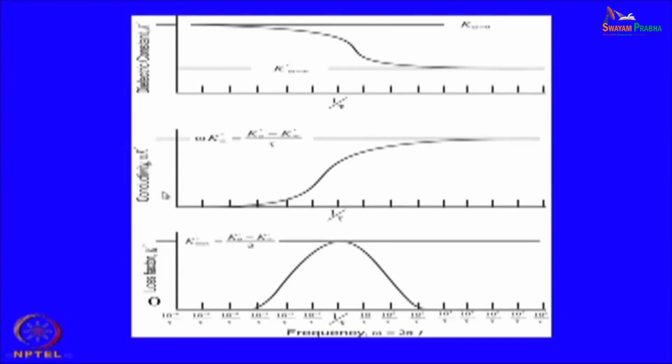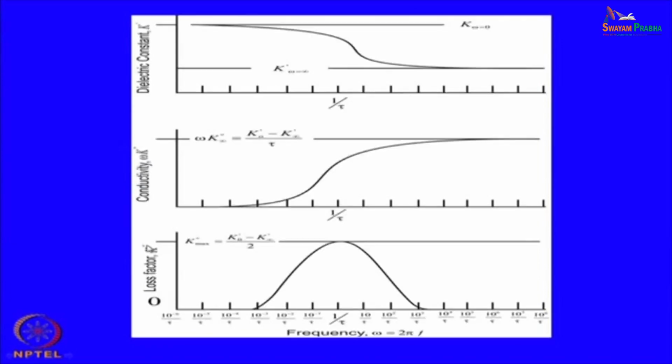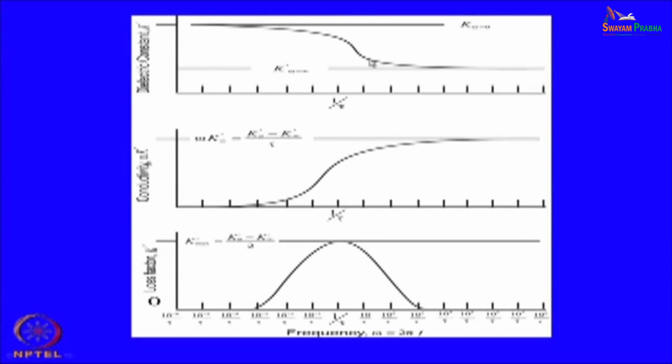This is conductivity, or omega times epsilon double prime, and this is the loss factor or loss tangent. The loss factor is actually k double prime, or k epsilon prime into tan delta. So this is a loss curve, this is a conductivity curve, and this is the dielectric constant curve. This is a very general characteristic of any material.